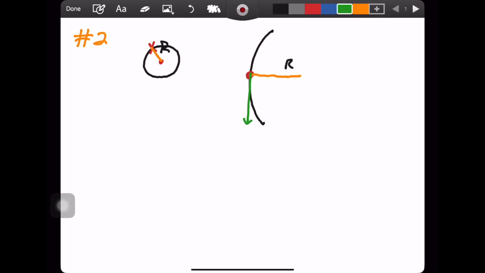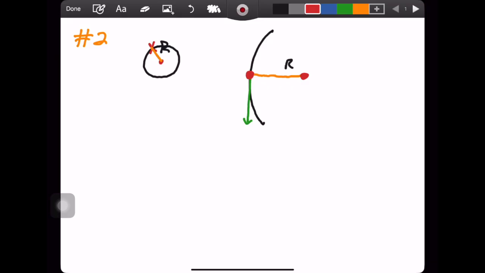So if all of a sudden the force that's keeping you in the circle just went away, then the red dot you see right here, which represents the car, would just keep following the green line. It wouldn't just stay in a circle on its own. It has to have some force that is keeping it in the circular motion.